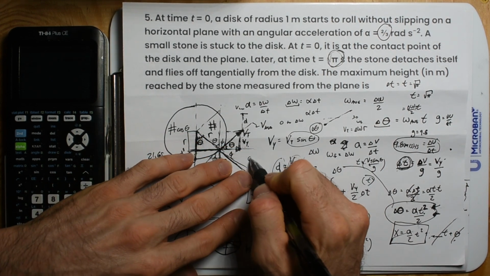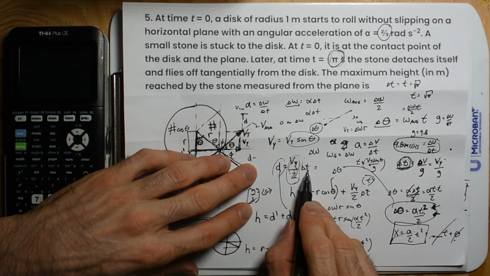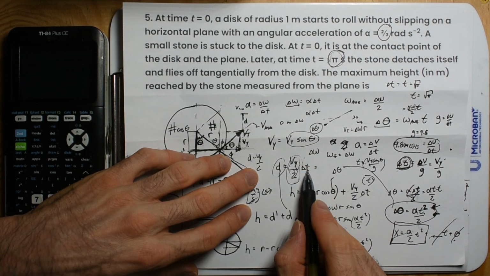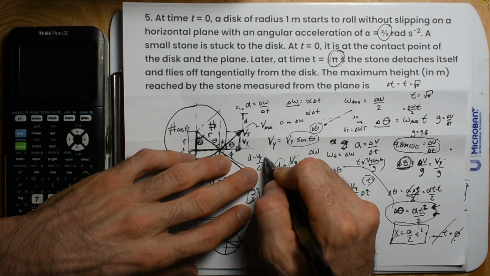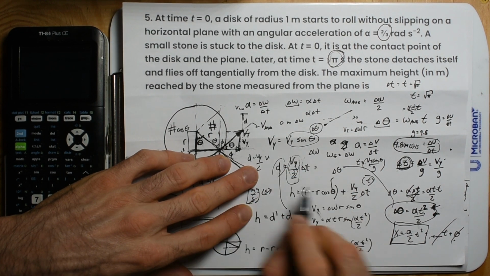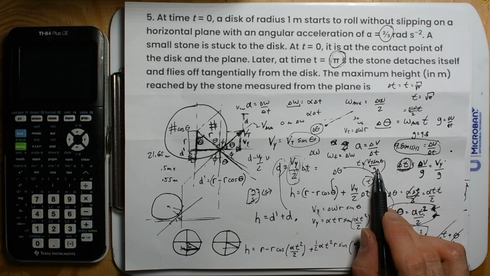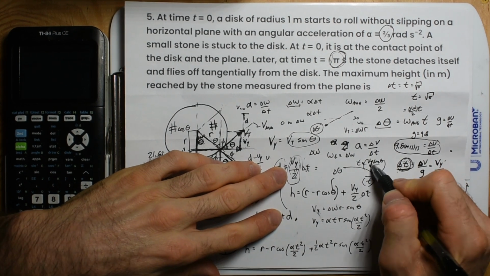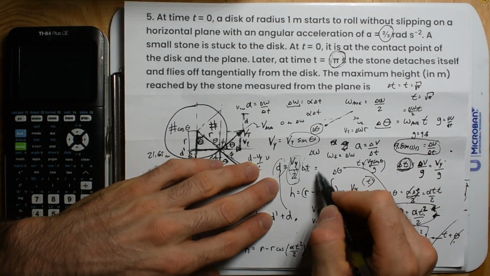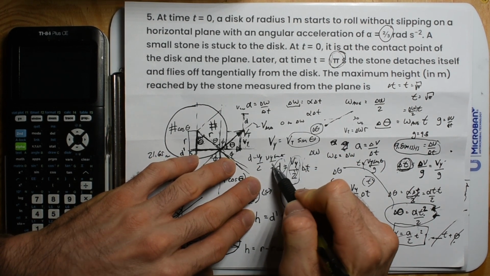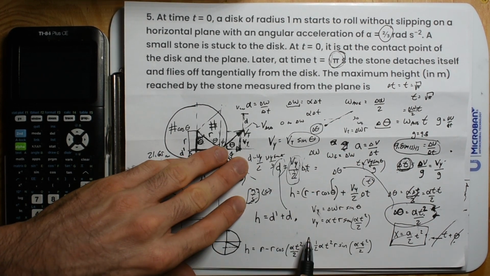So we say distance is Vy divided by 2 times change in t, which is Vy, or Vt sine theta, divided by g, and so we have 2 Vy's.